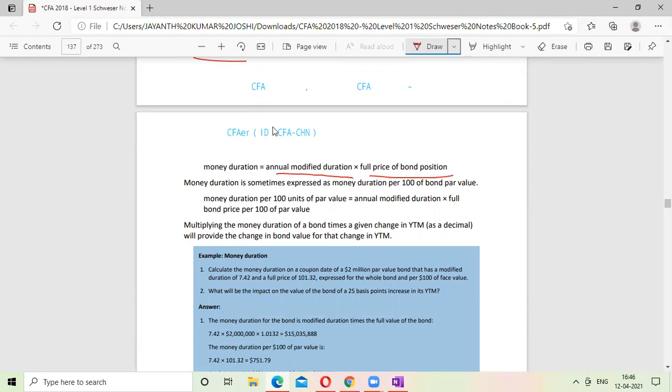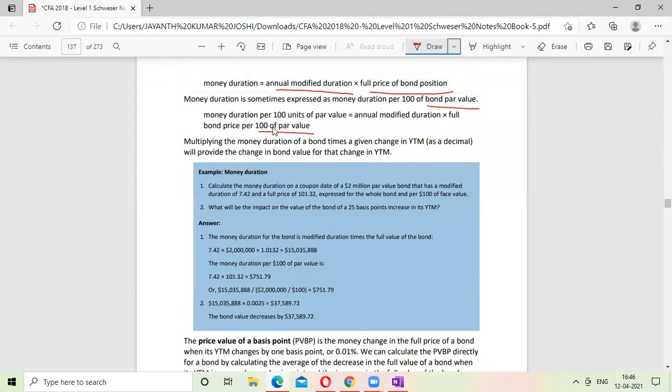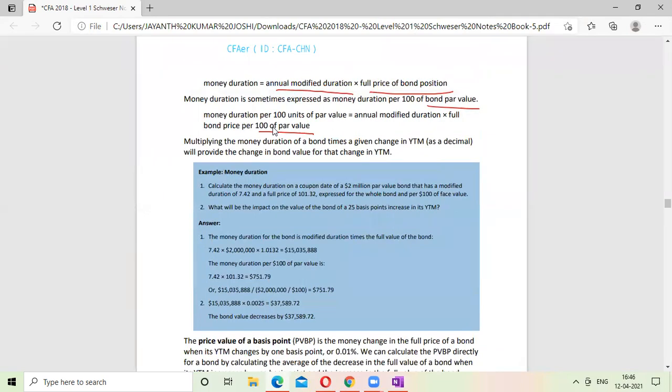Money duration is sometimes expressed per 100 of bond par value: money duration per 100 units of par value equals annual modified duration times full bond price per 100 of par value. You know, like what is $100? The full value is always the face value. Face value is what you should get at the maturity date.